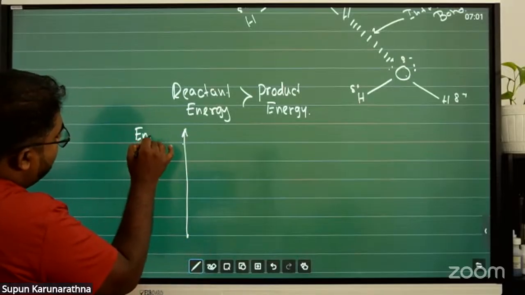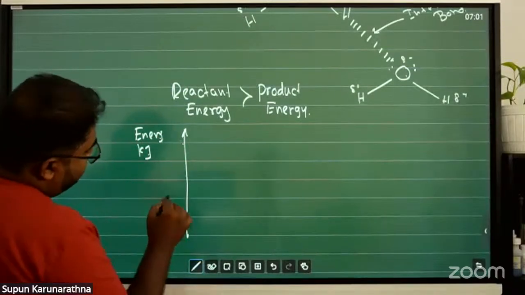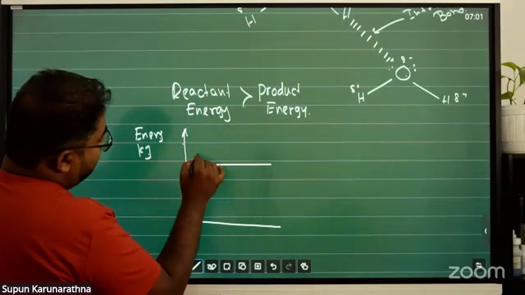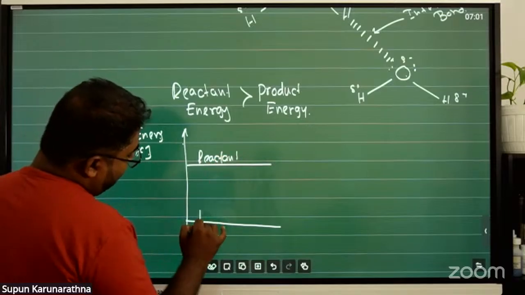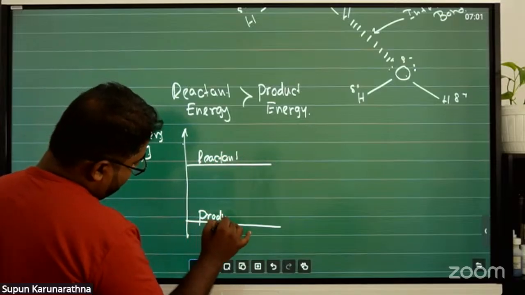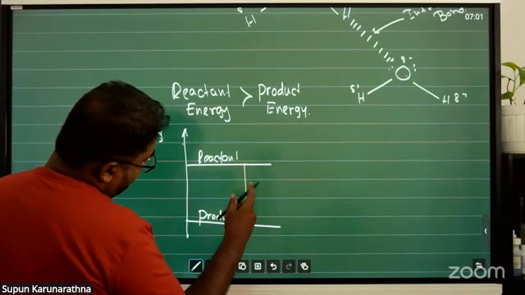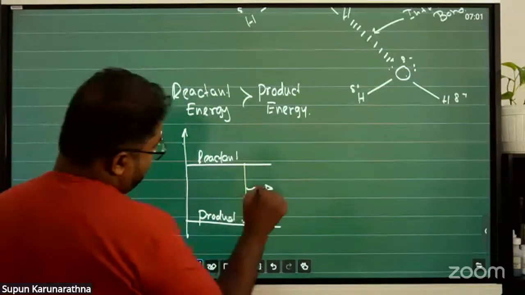The axis is energy in kilojoules. Here are the levels we can take, the reactant and the product. You put the arrowhead here, showing the energy released from reactant to product.